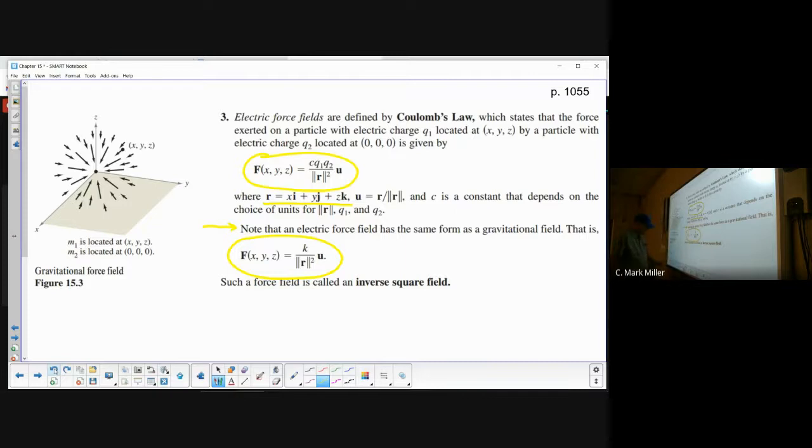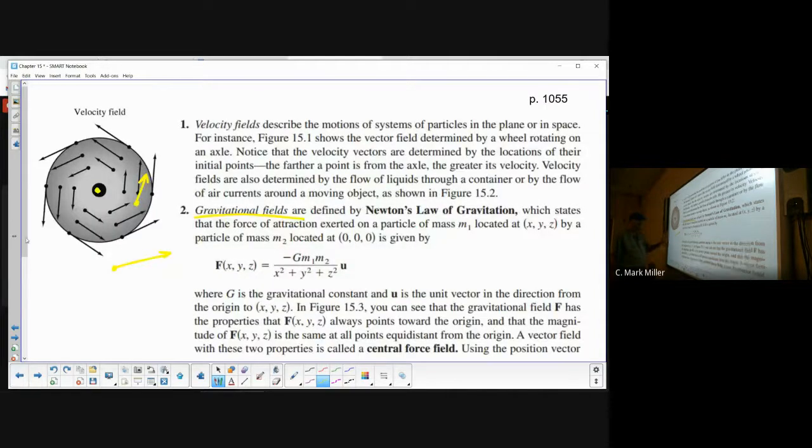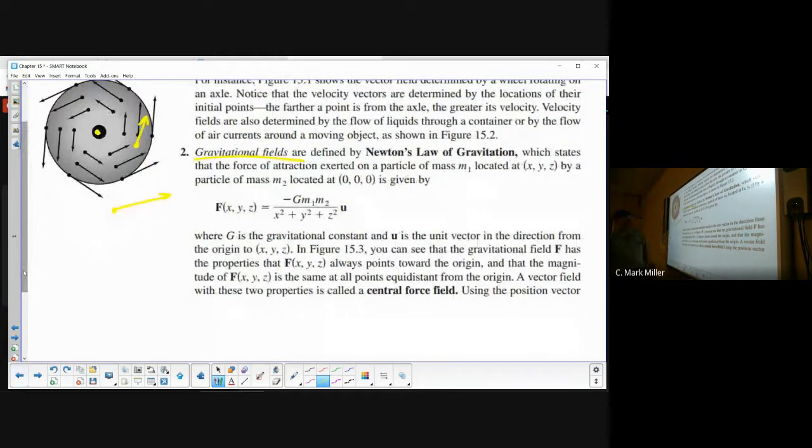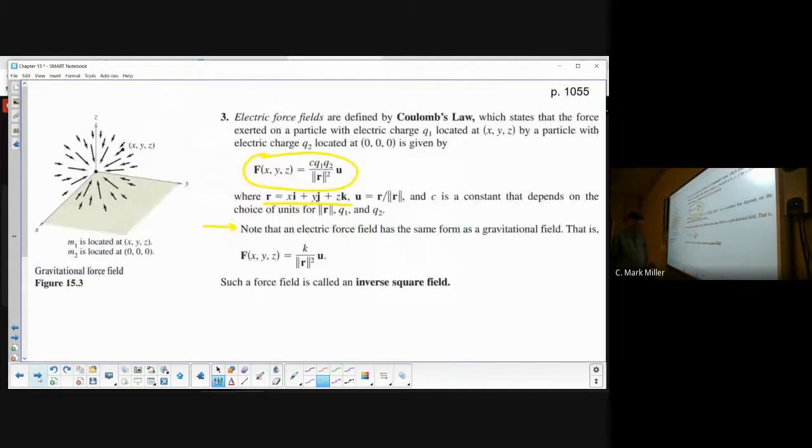That's the same form as this. Right? It's the same form. You have a constant at the top. The bottom is the magnitude of a vector valued function.